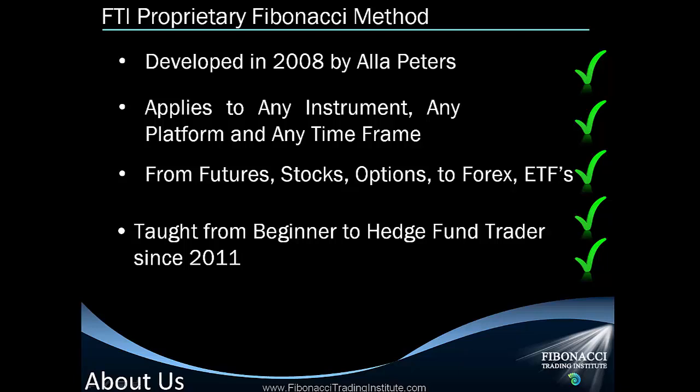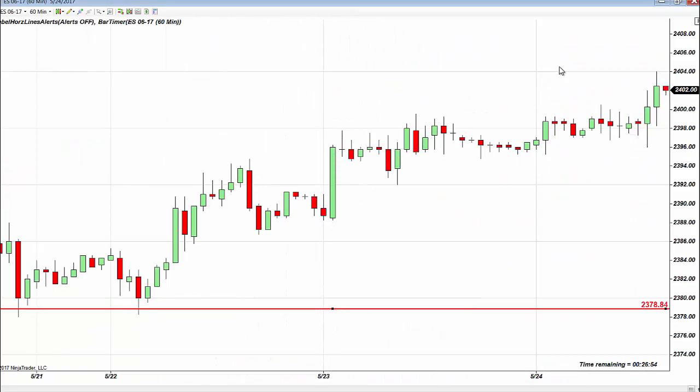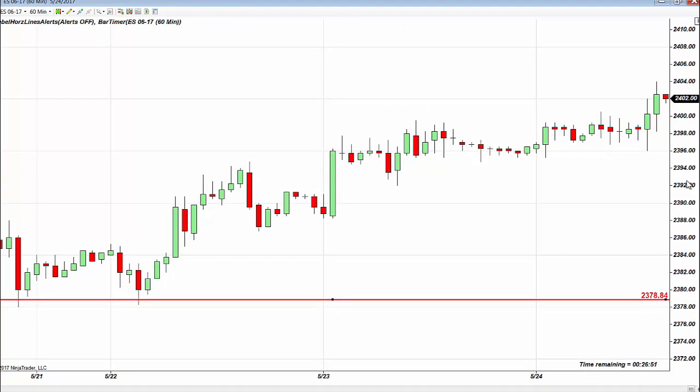Price action is the core of the markets. Every single pattern keeps repeating on every single instrument and every single time frame. So here's the basic clue. Here's the S&P E-mini, which is a derivative of SPY, a derivative of the S&P index, one of the most popular day trading instruments in the US.